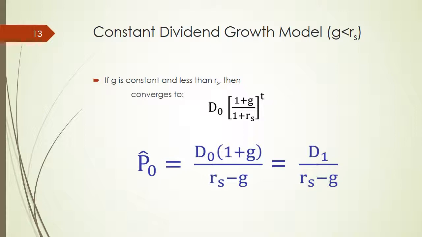To simplify our calculation, we can assume that the dividend will grow consistently, and the growth rate is g. So the price of that stock is going to be the dividend paid at the end of the first year divided by the required rate of return minus the growth rate of dividend.